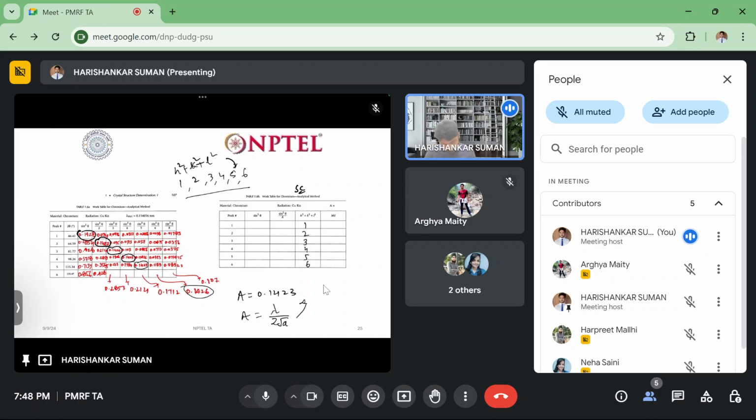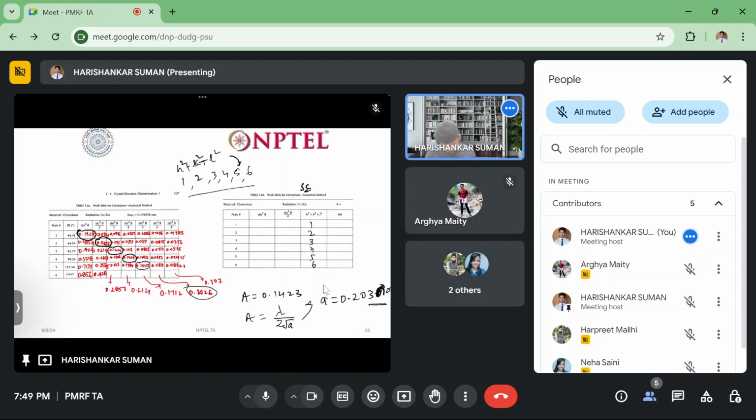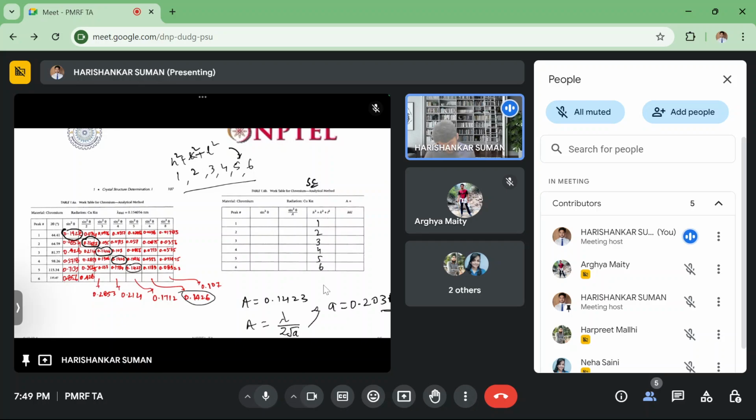Here you will get A as 0.023 nanometer, and sin square we have already, divided by A. What is the sin square? 0.28, then 0.2854.